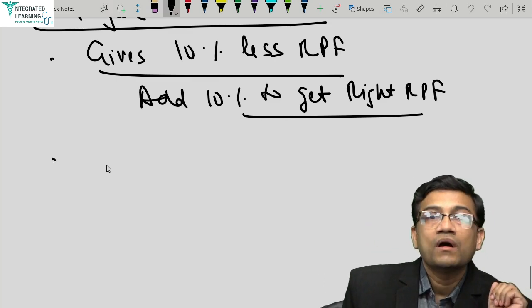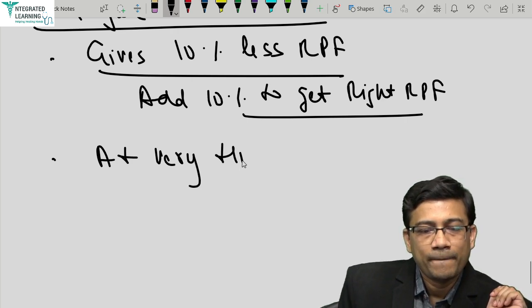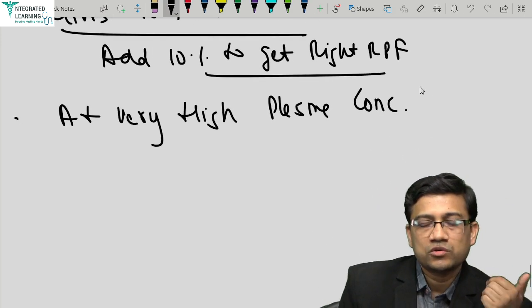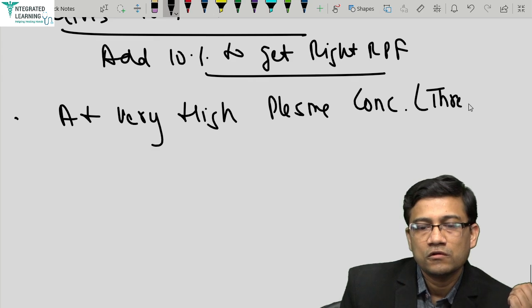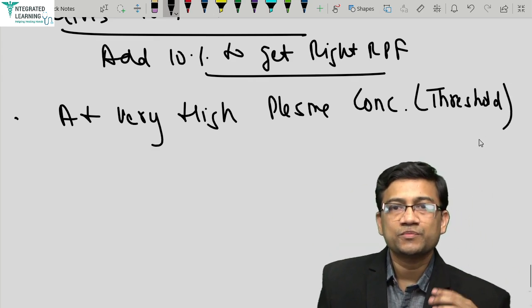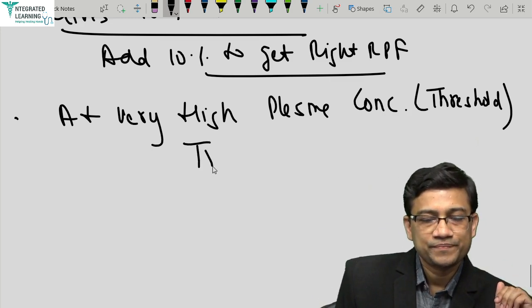Second problem, at very high plasma concentration, also called the threshold. If you cross the threshold, the transporters get saturated and you can't secrete very well.